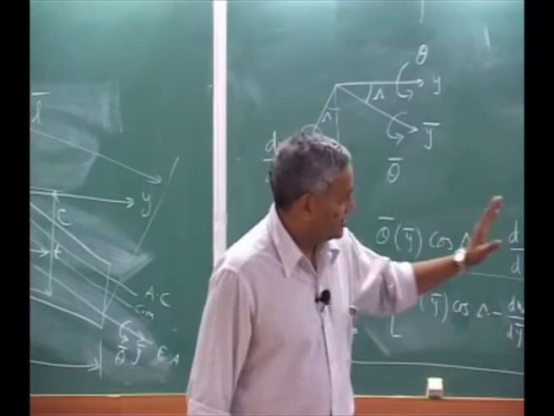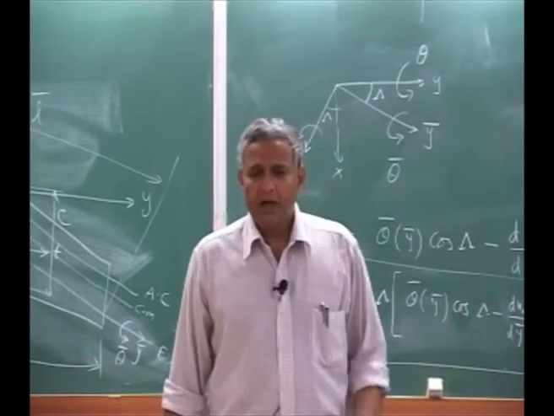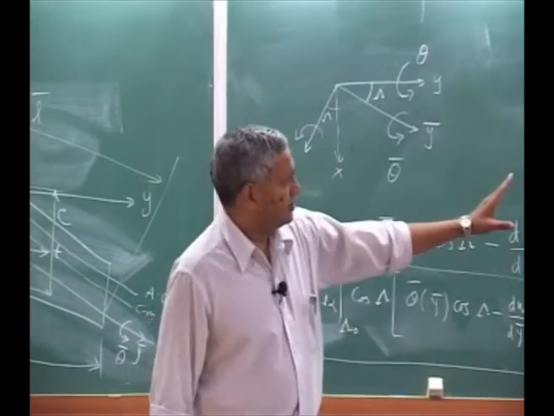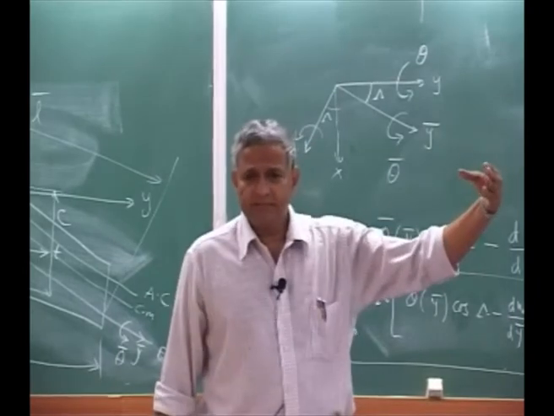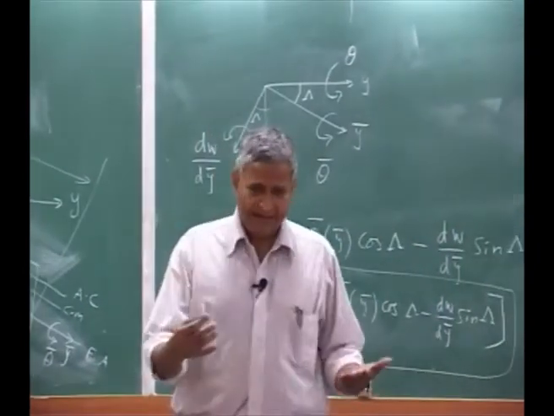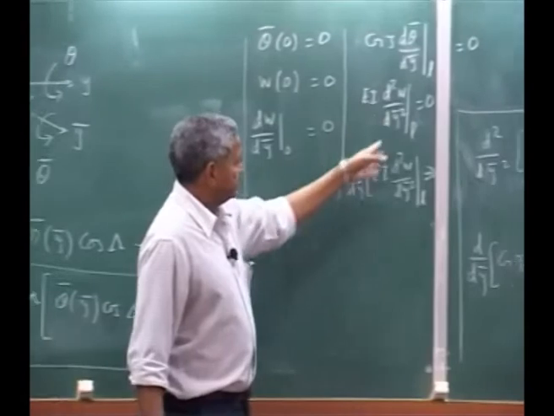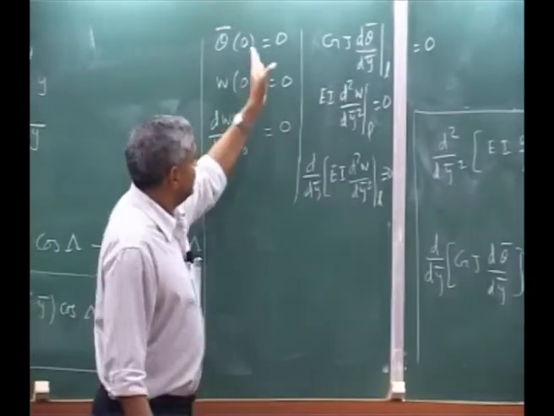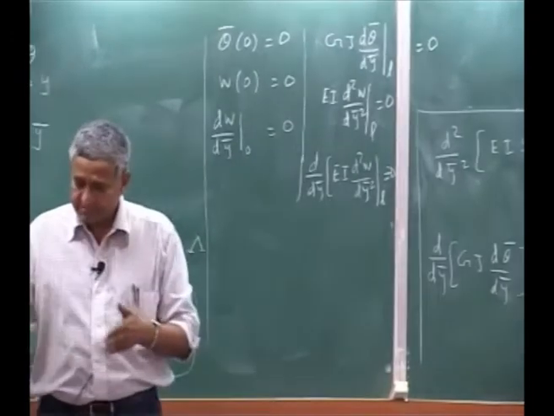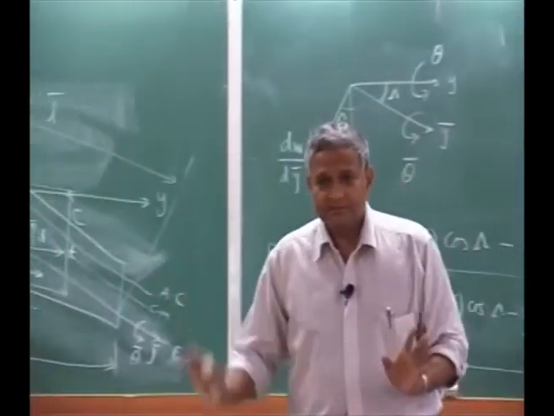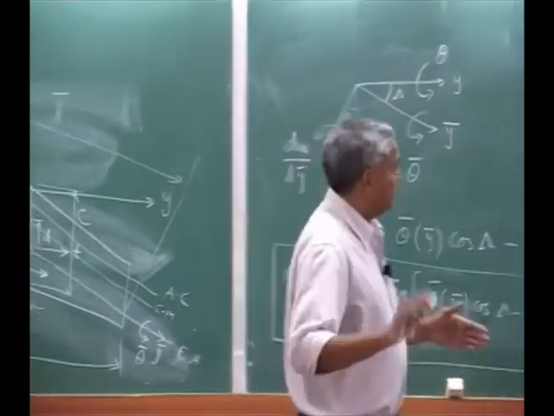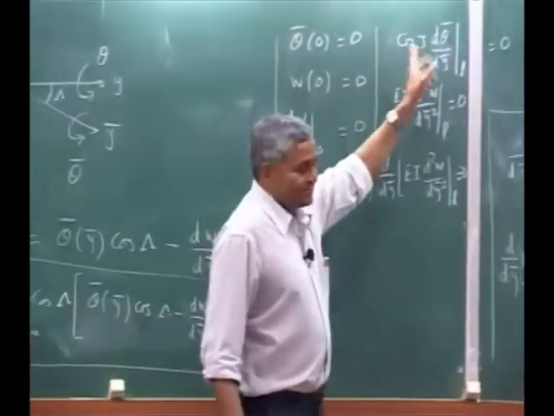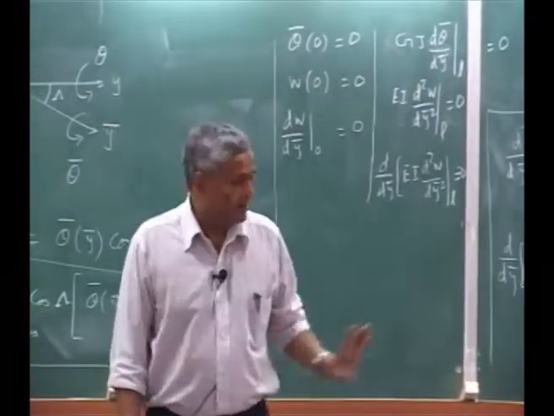You directly take this equation, assume W a function of y bar which satisfies these boundary conditions, and similarly you take theta bar, a function of y bar, another approximate solution which satisfies these boundary conditions.